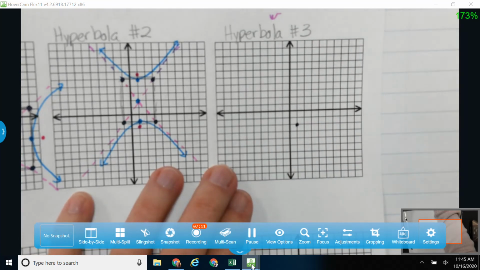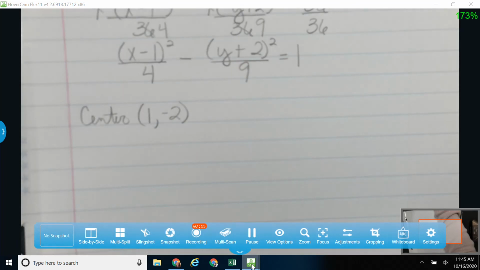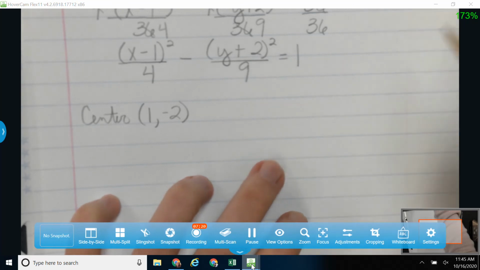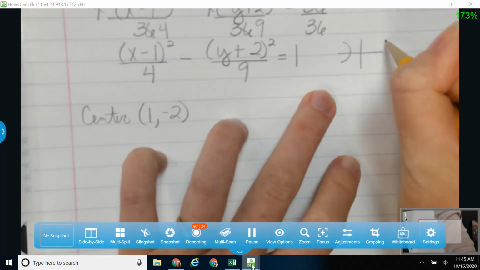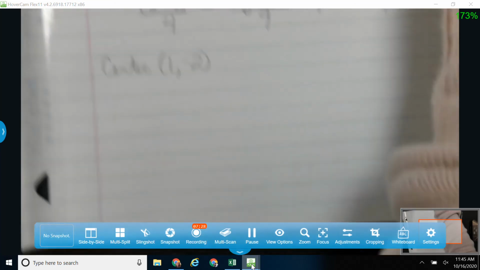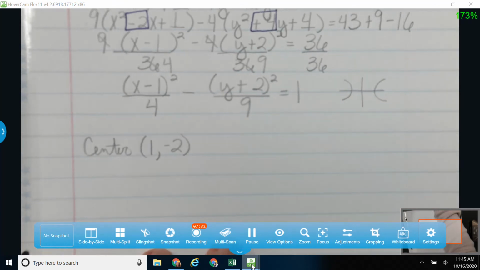With a hyperbola, we have to decide if we're going left and right or up and down. Because x is first, which way am I going? Left and right. That's right. Good. So I know that my hyperbola are going to look something kind of like that. I'm running out of space. I know that they're going to be left and right.